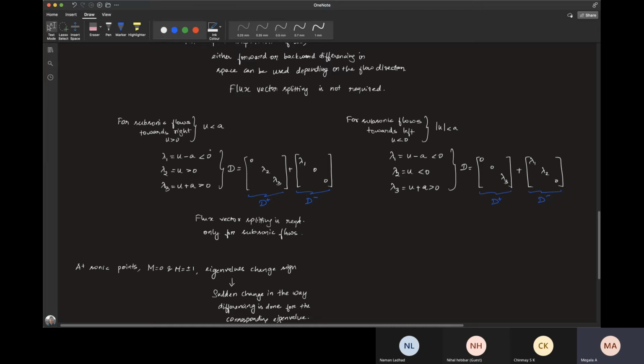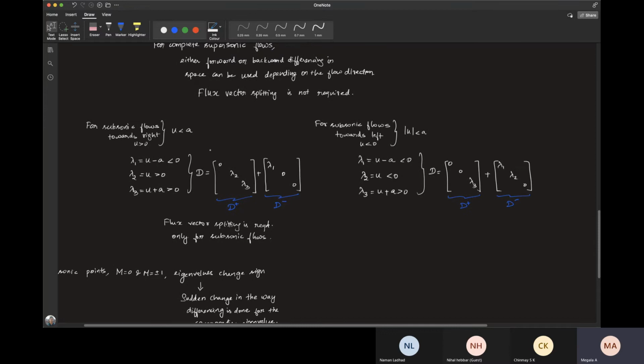So u is small and a is large, so u minus a is going to be negative, and since the flow is towards right, u is going to be positive, and u plus a, since both are positive, will be positive. So you can now split D into D plus and D minus. Here D plus will consist of 0, lambda 2 and lambda 3 as its diagonal elements, and D minus will consist of lambda 1, 0 and 0 as its diagonal elements. So this way you have done flux vector splitting for subsonic flows towards right.